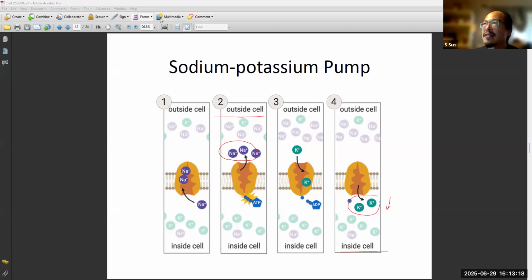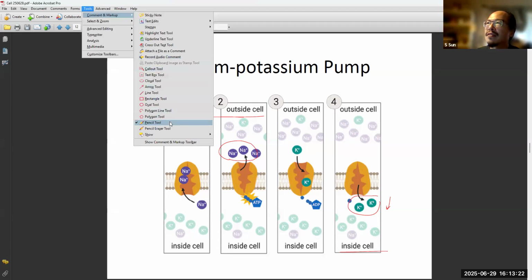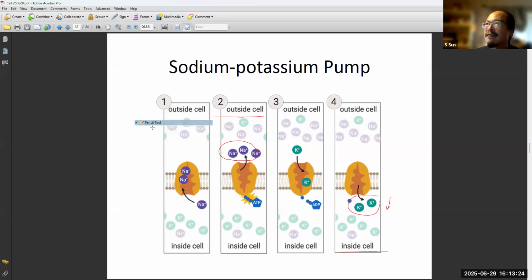So let me draw it again right here. Let me use my pencil tool to draw it. So this is the cell. With this pump, the first consequence is that you're going to accumulate potassium inside of the cell. Sodium outside, it's going to flow away.